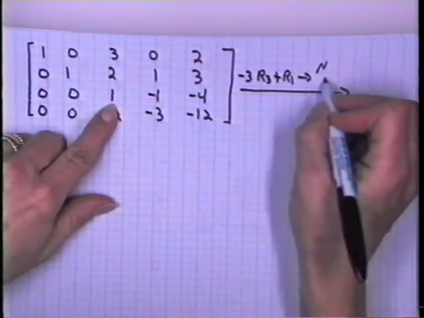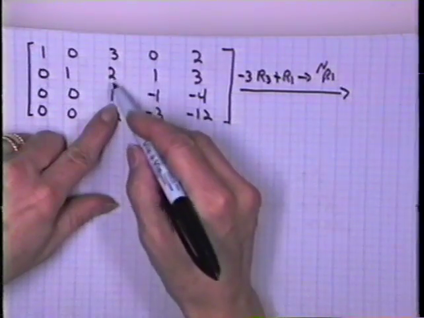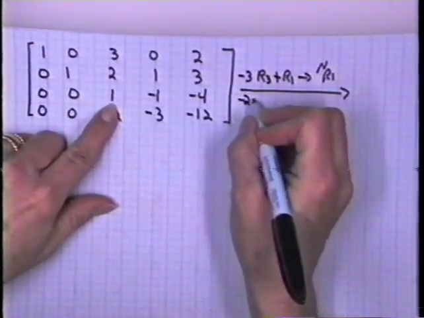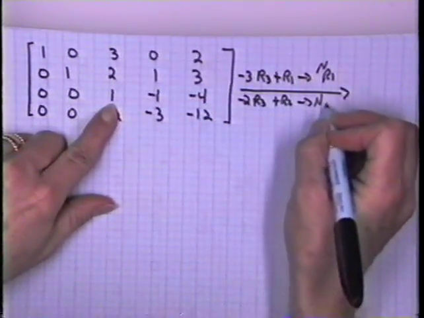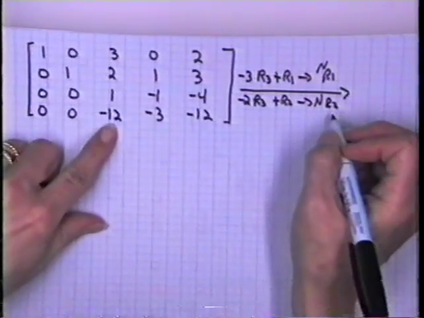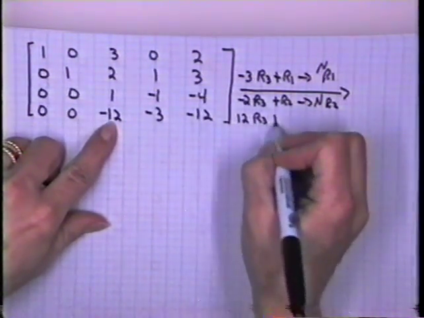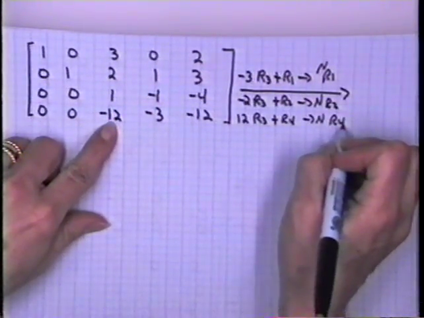That's going to become my new row 1. How am I going to change row 2? How am I going to get a 0 here? Multiply by negative 2. Negative 2 times row 3 added to row 2 is going to become my new row 2. And then what about down here? I'll need to multiply by 12, won't I? 12 times row 3 added to row 4 is going to become my new row 4.